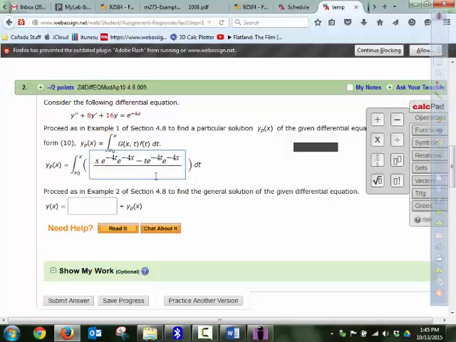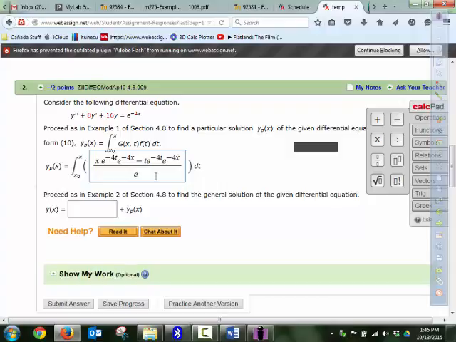And then the denominator is e raised to the negative 8xt. But I'm going to multiply this by the f of t function, which is e to the negative 4t, and then that would cancel 4 of the 8's here. So I think I can just put that down.